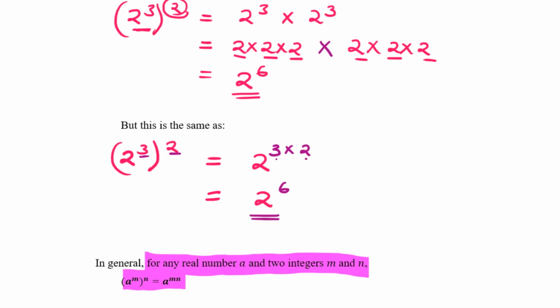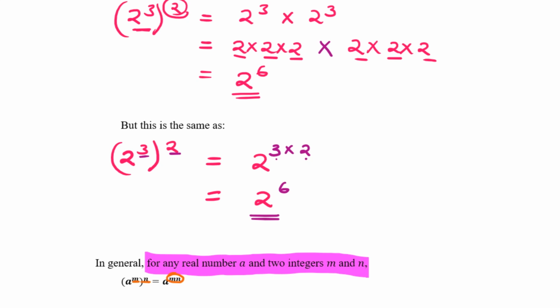Here mn implies multiplication, the multiplication of the two indices, the two powers m and n. So it's just m multiplied by n. Okay, so that's law number 3 that we are discussing today.